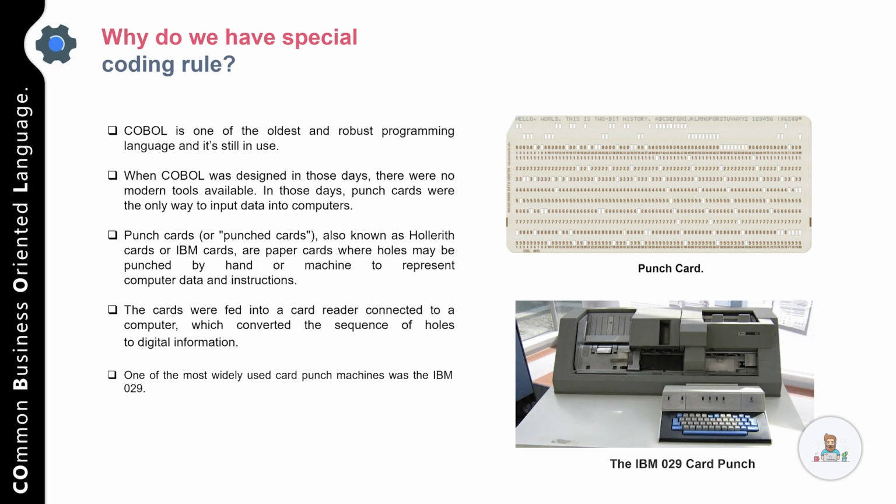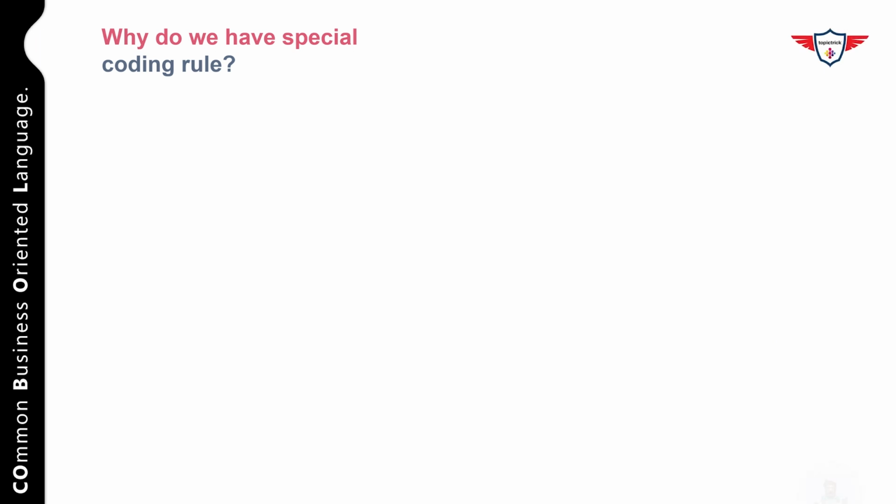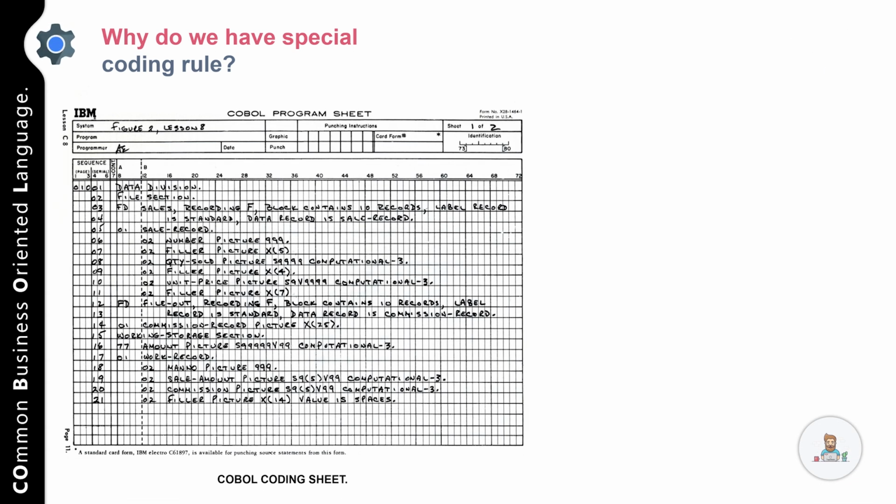The punch card reader reads this information with the help of the holes and translates it into digital information. Last but not least, one of the most widely used punch card machines was the IBM 029.